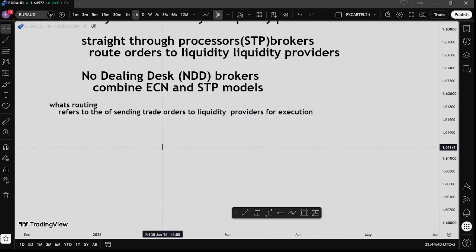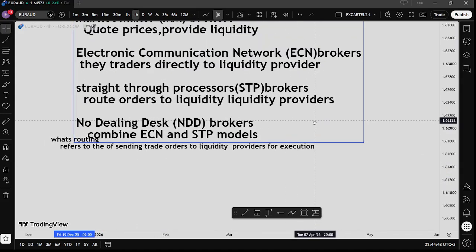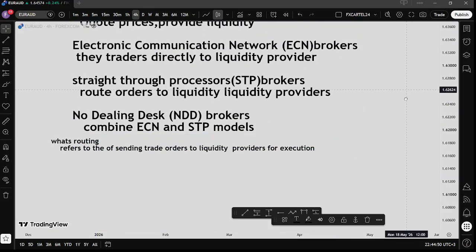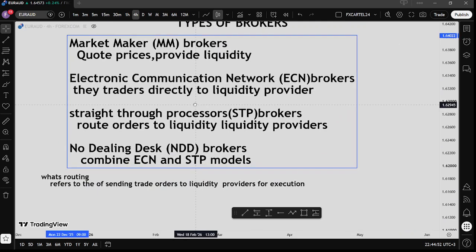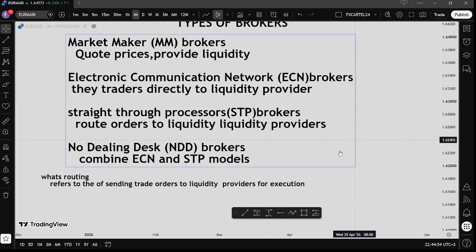So this one routes orders to liquidity providers. This one combines ECN, so it does the same thing as this one and this one.